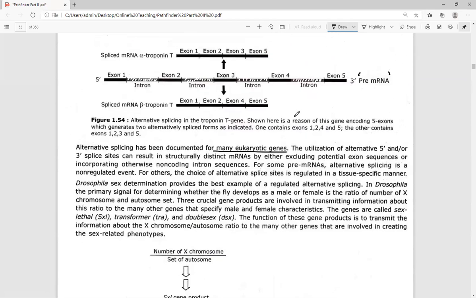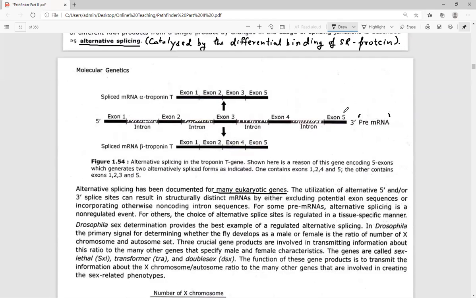In Drosophila, a single pre-mRNA is processed into more than two different types of mRNA, in which exons are excised along with the intron. In the above case, you can see that exon number 3 and exon number 4 have been excised off.